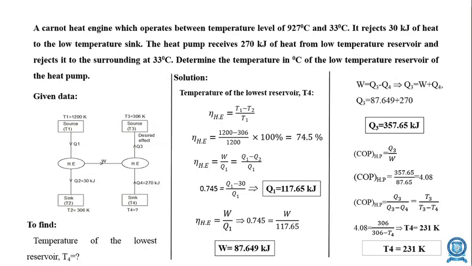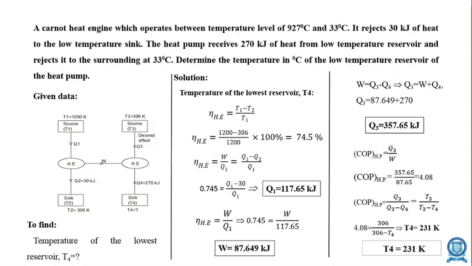When substituting, we remove the percentage by dividing by 100. So 0.745 equals (Q1 minus Q2) divided by Q1, with Q2 given as 30 kilojoules. There is only one unknown, Q1. By solving this, we get Q1 equal to 117.65 kilojoules.